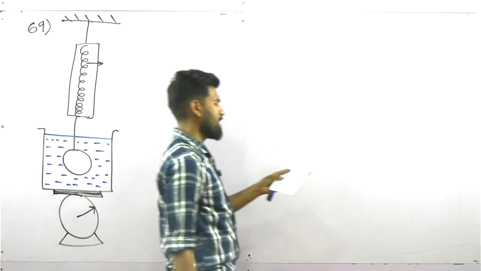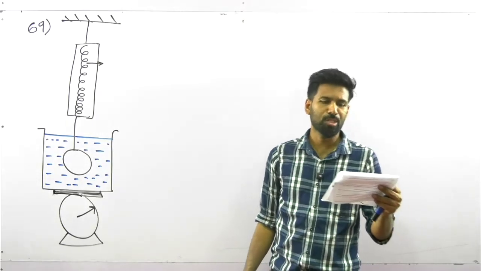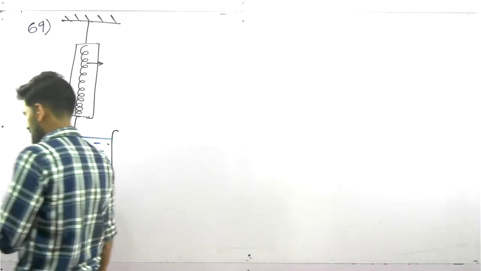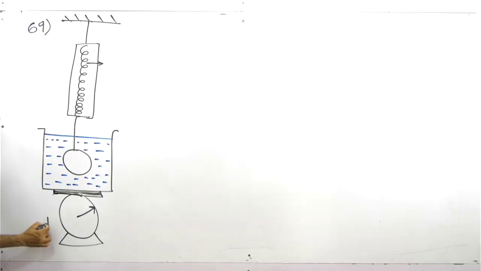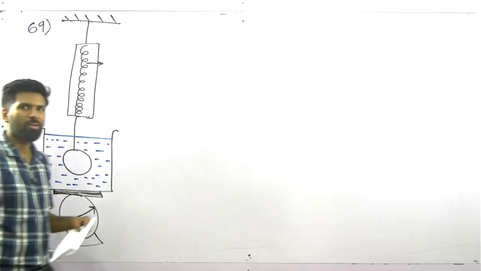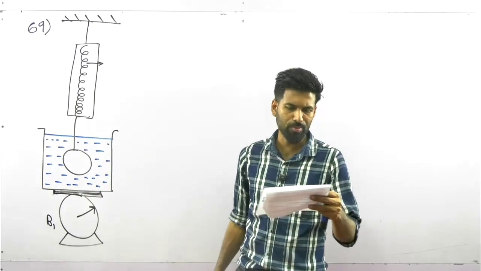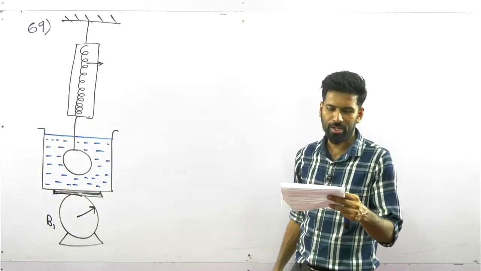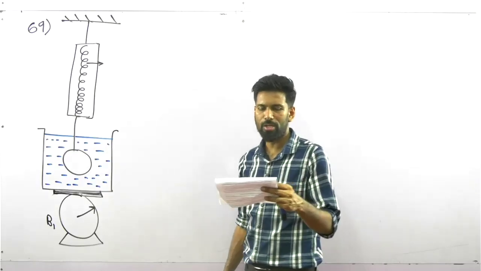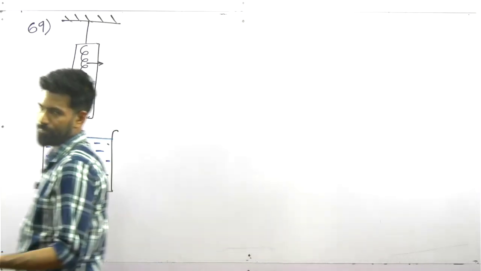A beaker containing water is placed on balance B1. The beaker filled with water is kept on balance B1 as shown in the figure. The mass of the beaker together with the water is 5 kg.